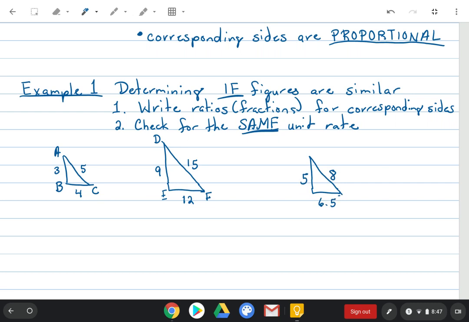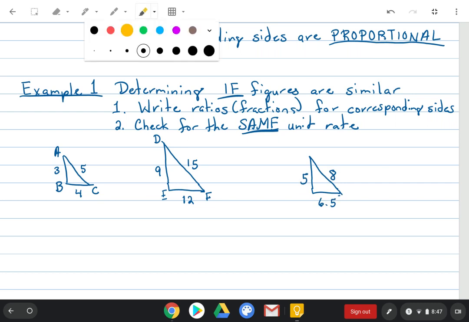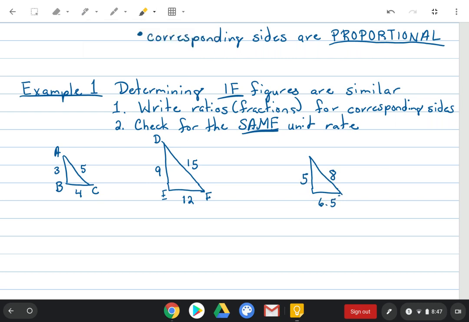So the first thing I'm going to do is identify corresponding sides. And I'm going to use a highlighter to help me here. If you look at side AB, okay, that would correspond to the middle triangle, side DE. Remember, correspond means have the same position, which would correspond to the last triangle. And this is actually side XY.